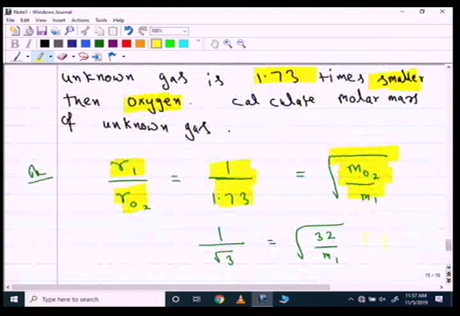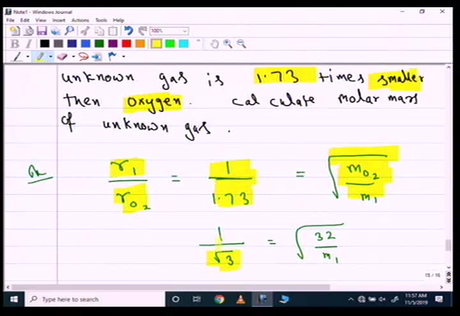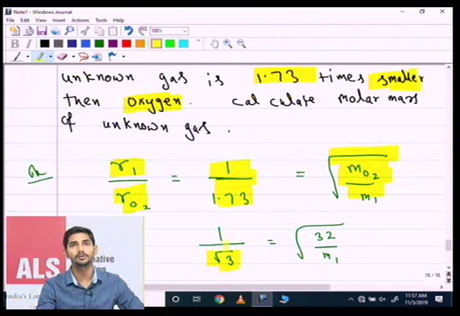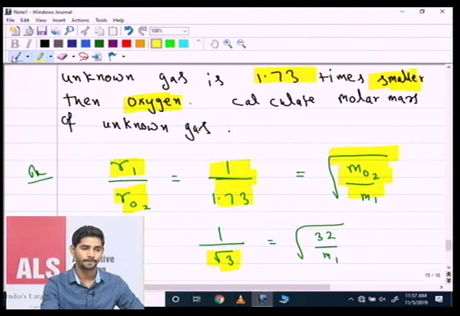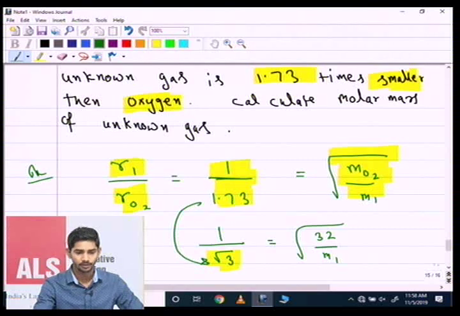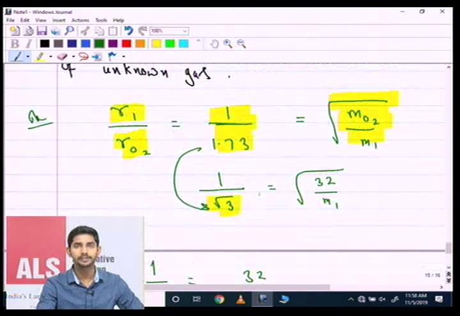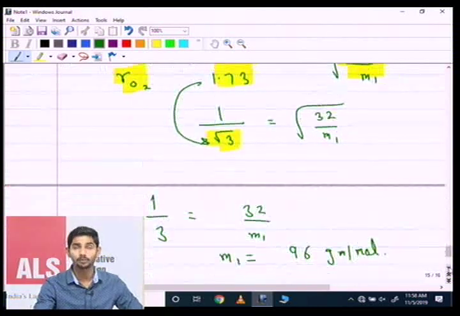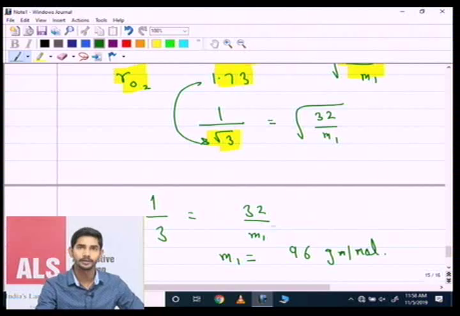Now 1.73 is nothing but root 3. I'm sure you know the value of root 3, which is equals to 1.732. So I have put root 3 at the place of 1.73, and I have just solved this. Make square both the sides. On making the square both the sides, square gets cancelled out, and you will get 1 by 3 is equals to 32 upon M1. Just cross multiply it and you will get your answer. Now get it?